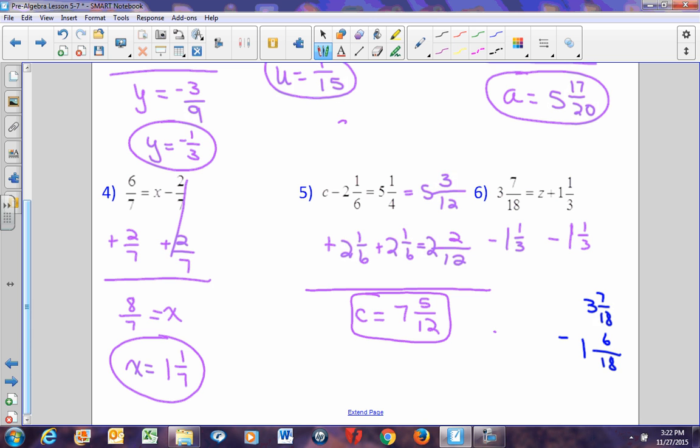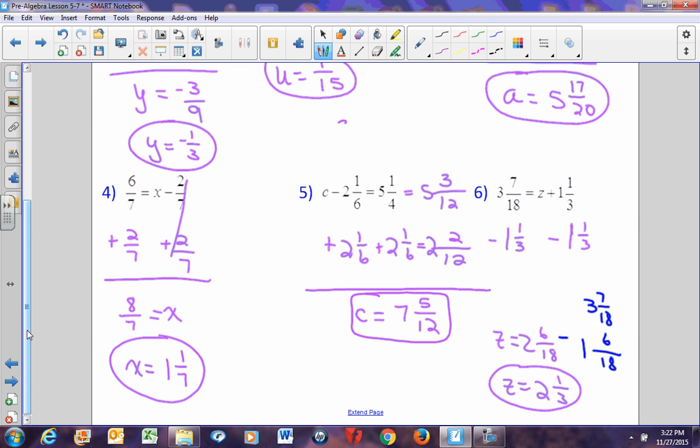So z will equal 3 minus 1 is 2, 7 minus 1 is 6, 2 and 6/18, which reduces. 6 goes into itself once, and into 18 three times. So 2 and 1/3.